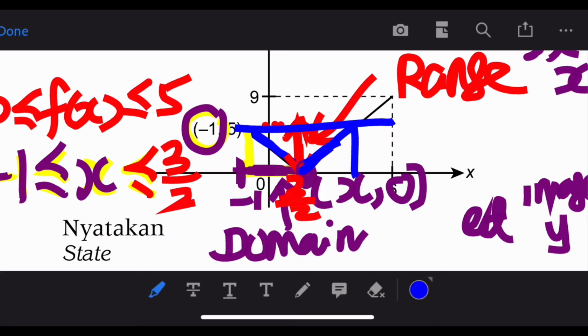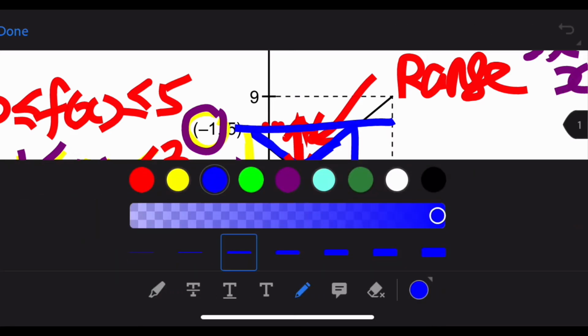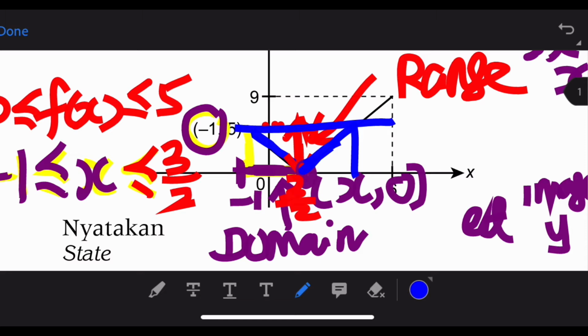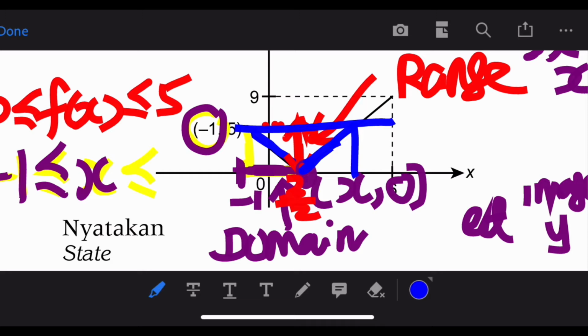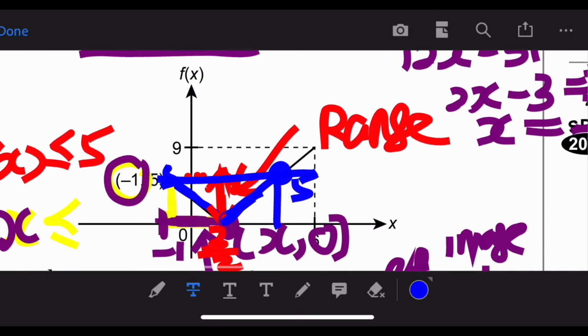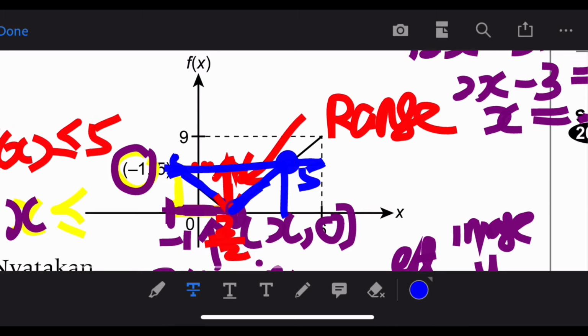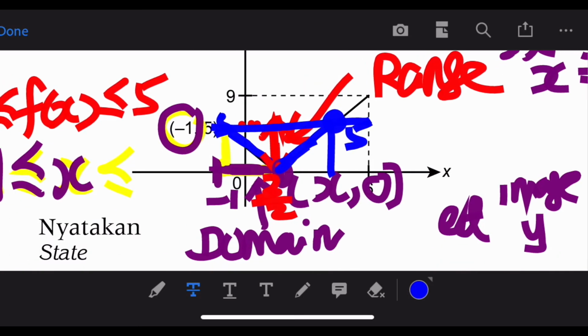So we need to calculate another value, which is not 3 over 2. Why? Because this value is also 5, I mean for the y. Let's find another one. 3 over 2, that means it's symmetrical.